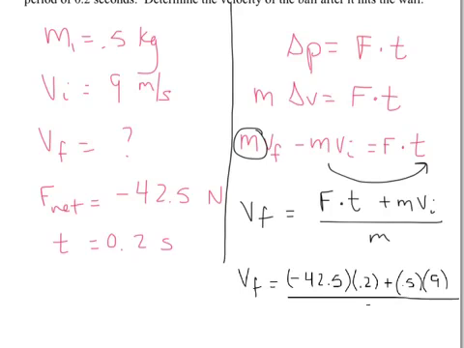What is it? Why? Because it's what? Yeah, it's coming back off the wall. If it went toward the wall with a positive velocity, it comes back off the wall with a negative velocity. It's the opposite direction. So you can expect a negative, and you can clearly see that here we're multiplying these two, and here we're multiplying these two. We will end up getting a negative here that supersedes this positive, right? It's greater than the positive component of that numerator.